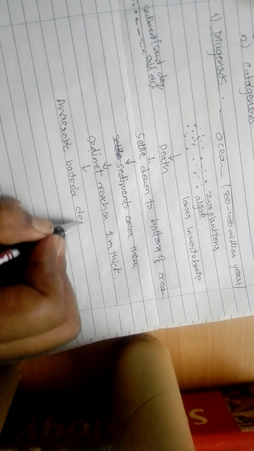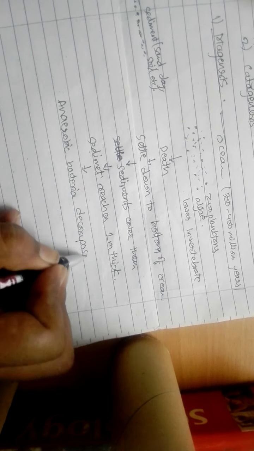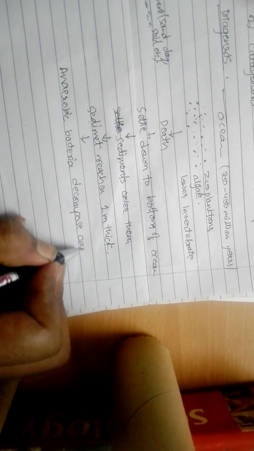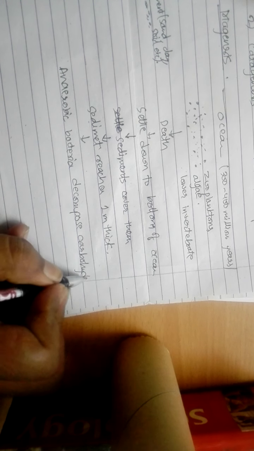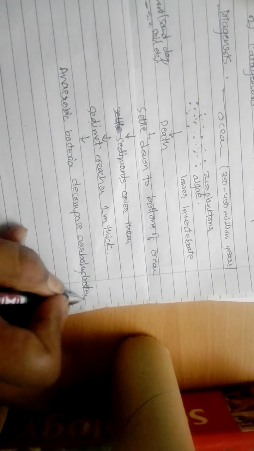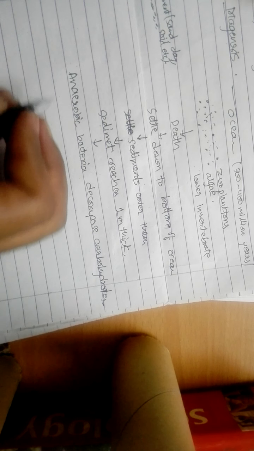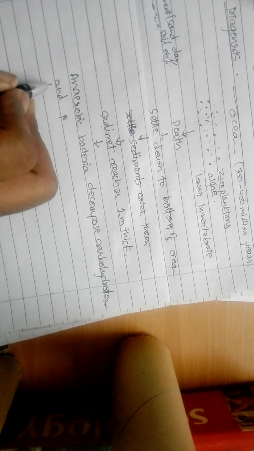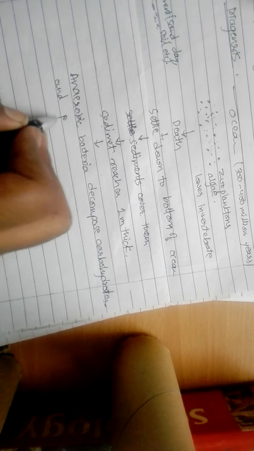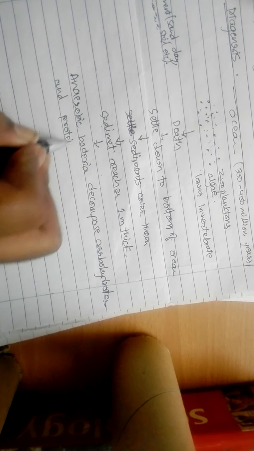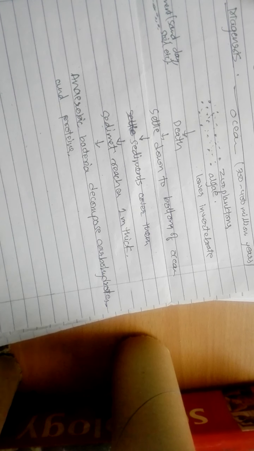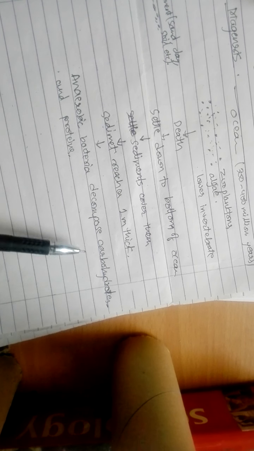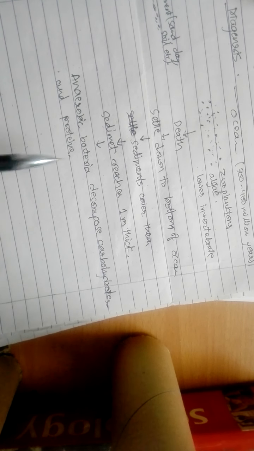Anaerobic bacteria decompose carbohydrates and proteins. Okay, living beings are made up of carbohydrate, protein, and lipid, fat and oil. But these anaerobic bacteria can decompose only carbohydrate and proteins.